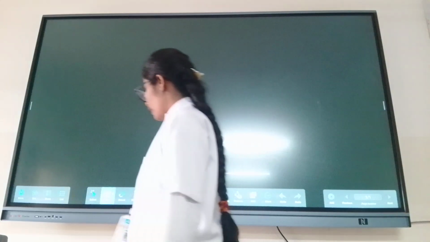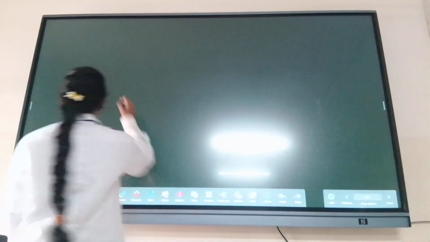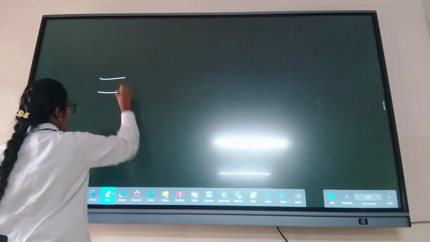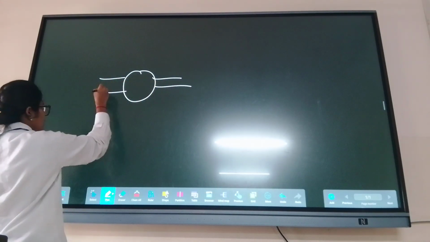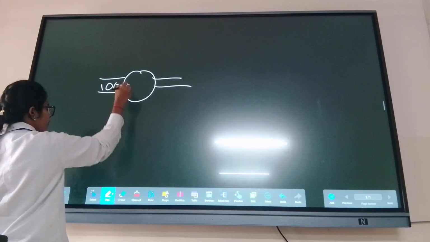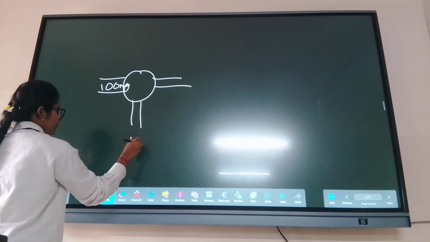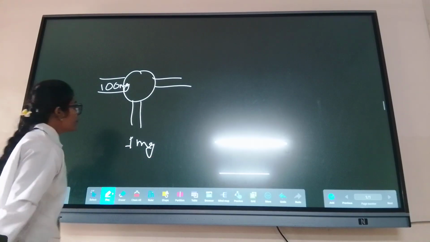Okay. Now the zero order kinetics and first order kinetics. Let's take the same example. Plasma concentration is 100 mg. Drug is eliminating 1 mg. Okay.